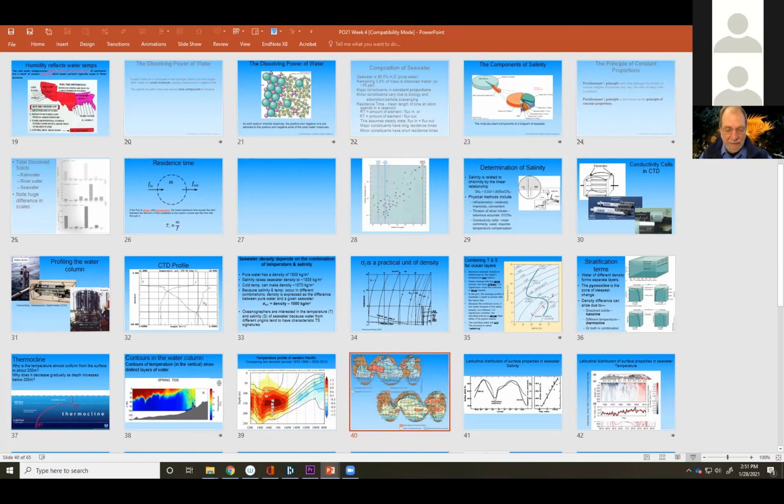That means that's the maximum depth to which they lowered their CTD. Maybe they only had 100 meters of cable on their winch, so they couldn't get down any deeper than that. So that just means no measurement down here. Or they cut that off just for clarity in this presentation. Make sense? Yep. Thanks.